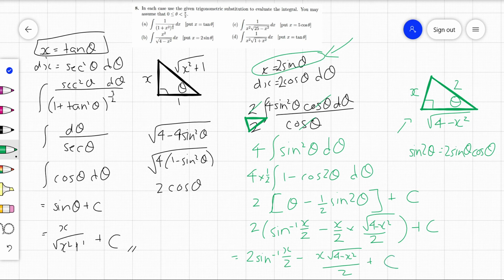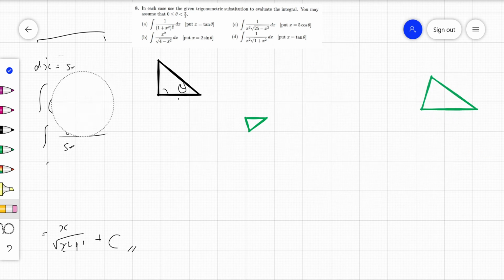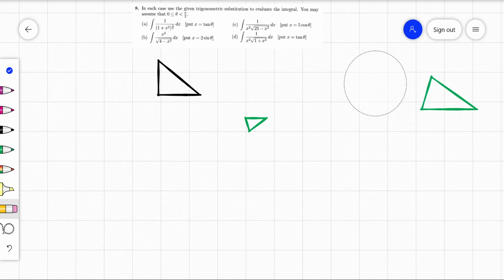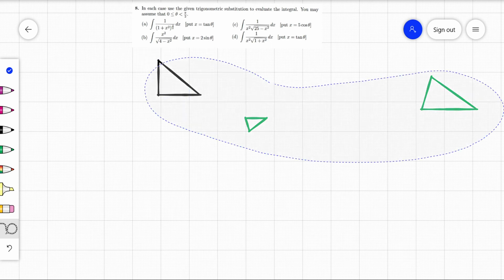So let's have a look at C. I just clear all this. Doing it the same way, they tell us what we want to do.